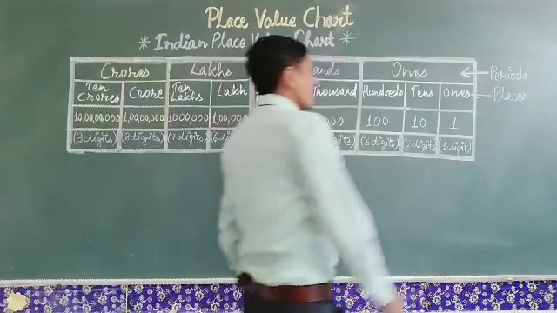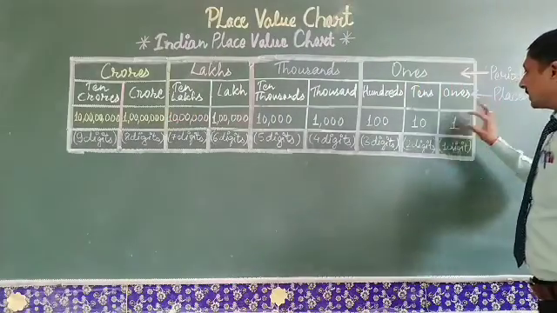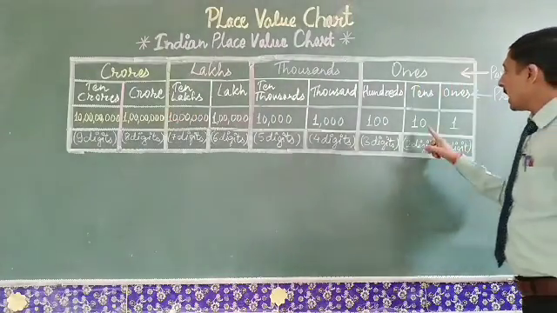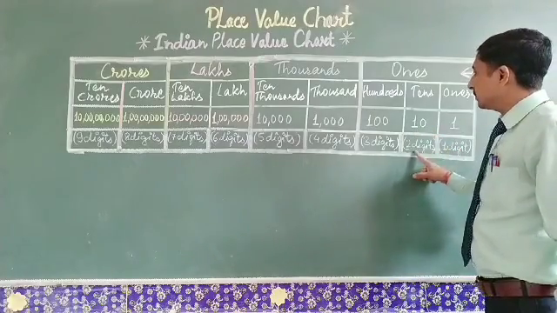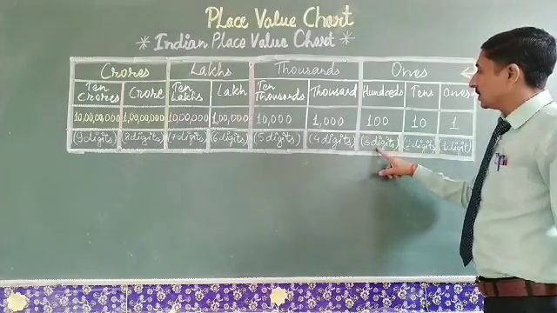You see only one digit is given here, that's why it is a one-digit number. And you count 1, 2, a two-digit number; 1, 2, 3, a three-digit number.